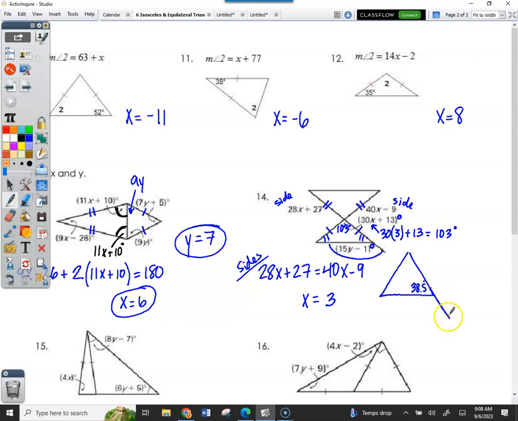So I'm redrawing the picture here so that you can see, because it's getting crowded up there. What do you notice about this? It's a linear pair. It adds to 180. That's a straight line.